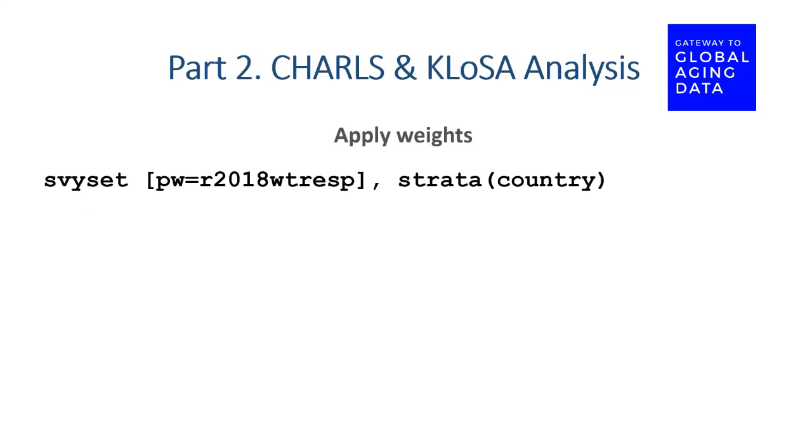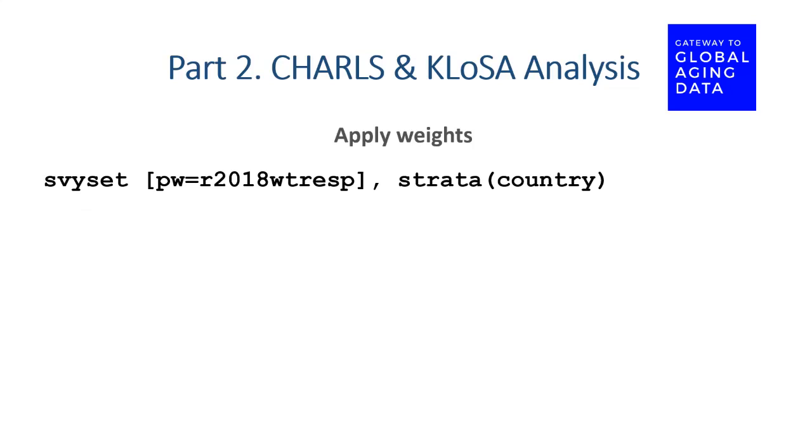And then to apply those weights, we're going to use this same svyset, and we're going to say the probability weight is equal to that combined weight that we made. And this is a really important thing: we need to also tell Stata that there is a division in our observations.